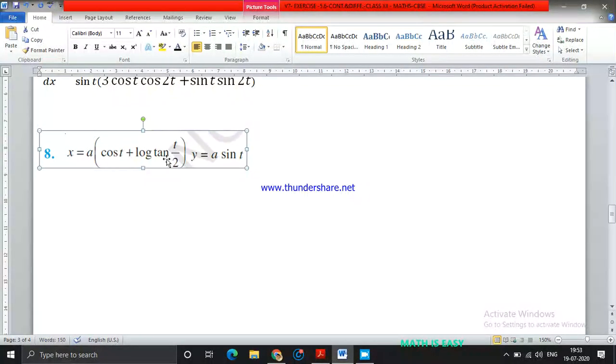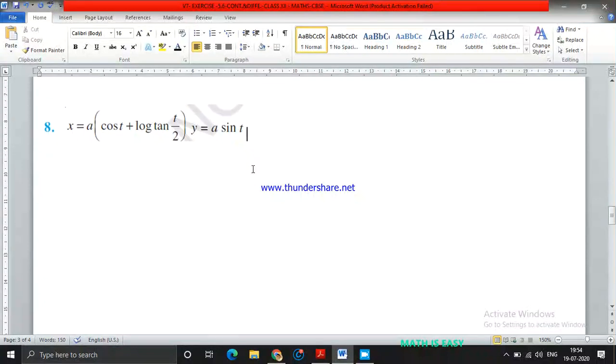Derivative of tan t by 2 is sec square t by 2 into derivative of t by 2. Derivative of t by 2 is 1 by 2. And similarly, dy by dt is a cos t. Then divide dy by dt upon dx by dt. You can solve it easily.